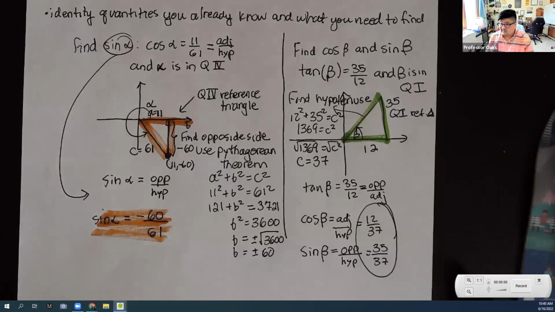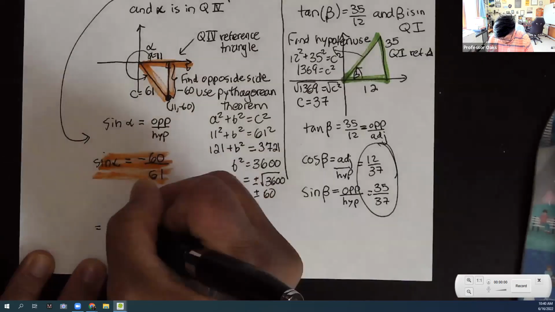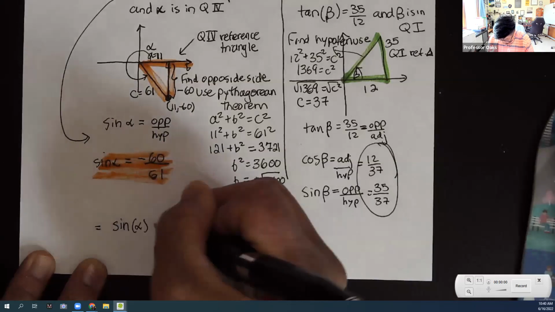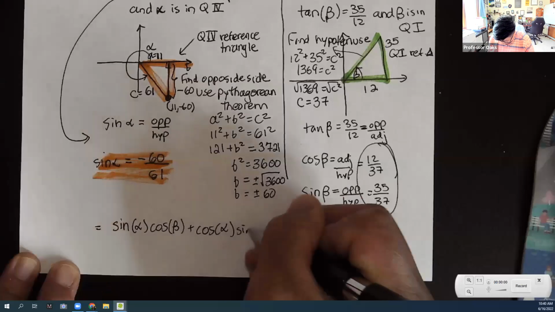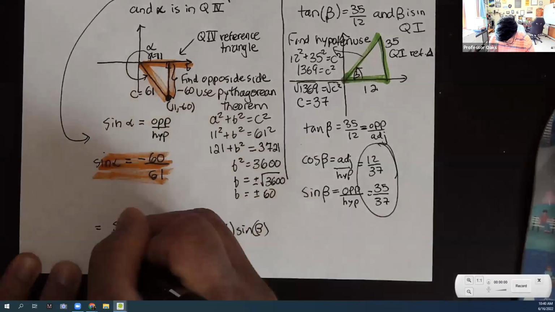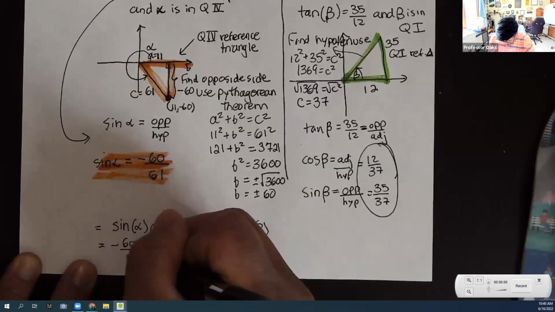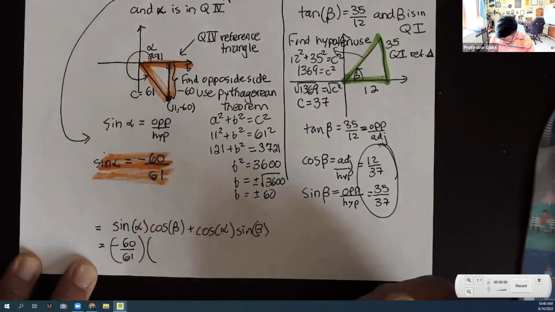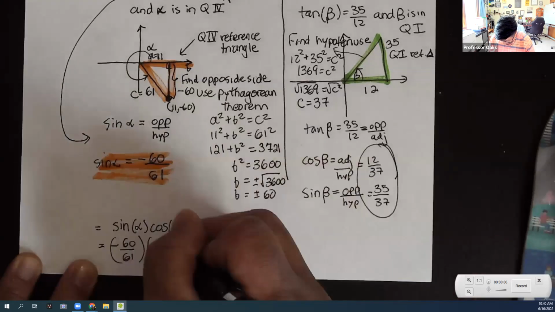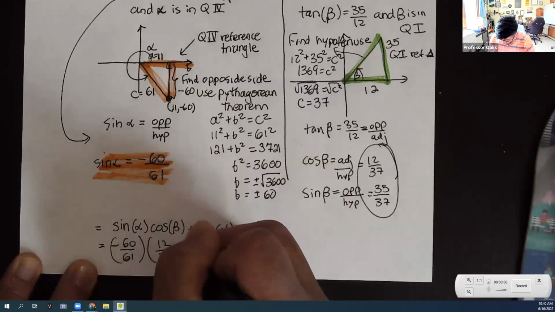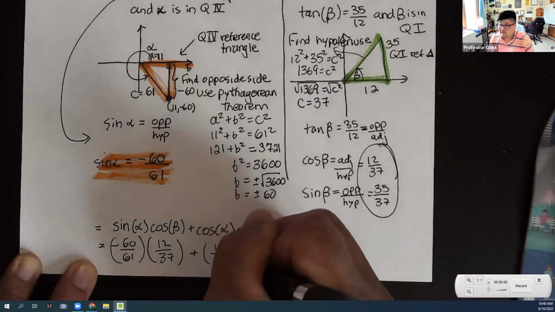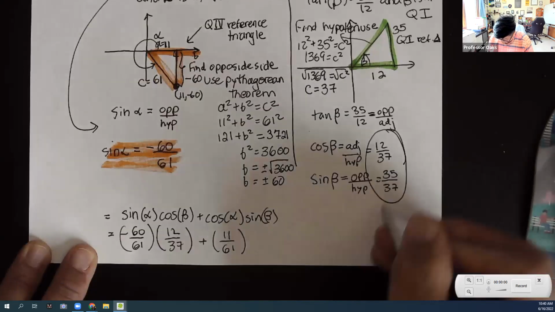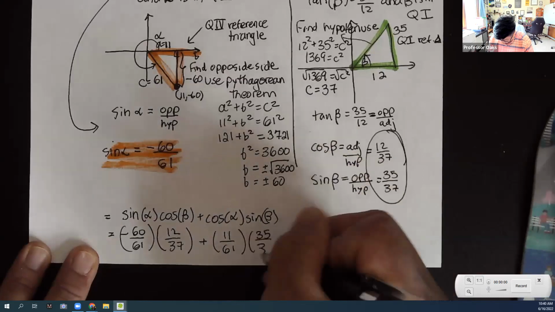So the final result, if I substitute this all in, is sine alpha cosine beta plus cosine alpha sine beta. This will be negative 60 over 61 times the cosine of beta, which was 12 over 37. And then cosine of alpha, they told us was 11 over 61, and sine of beta was 35 over 37.